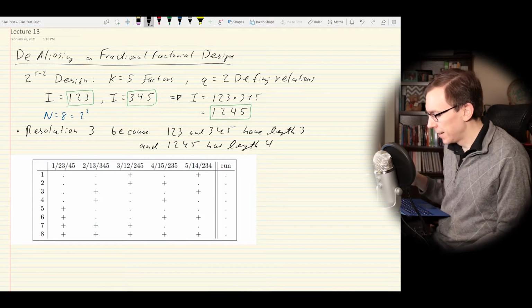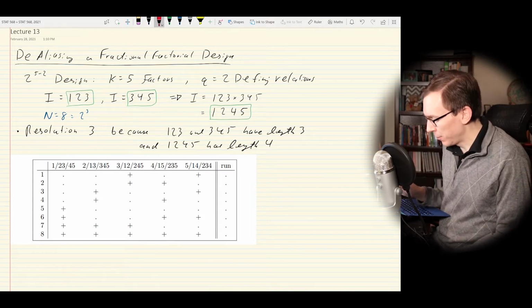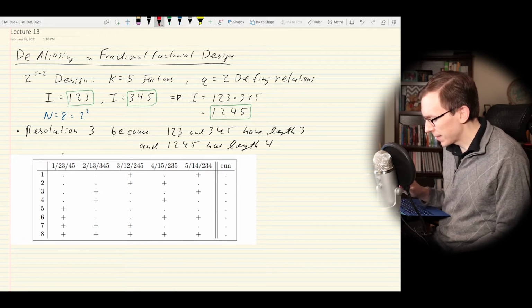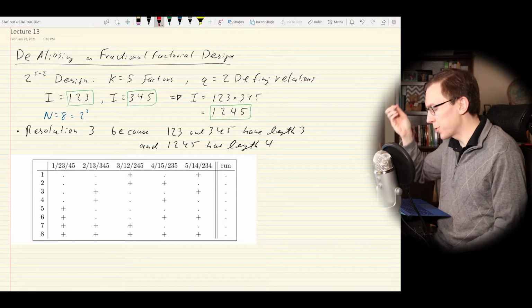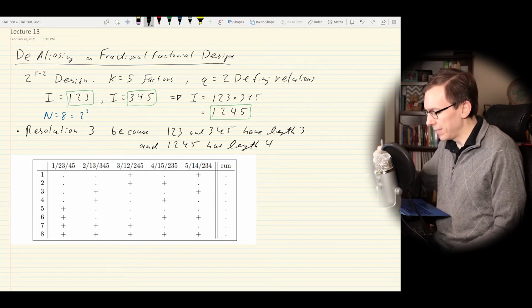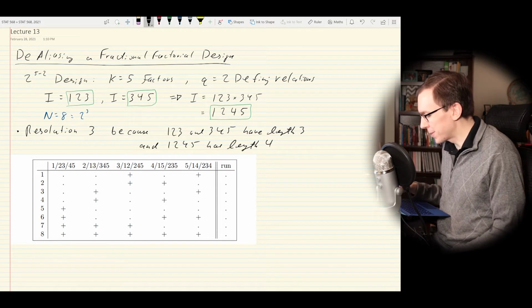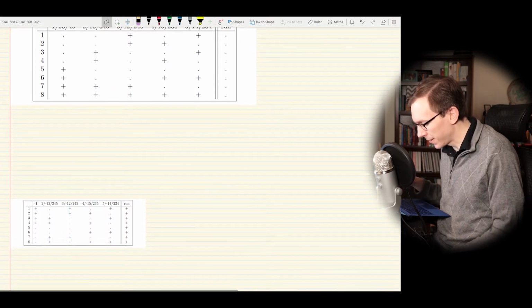Now what we see here is that main effect 1 is aliased with 2, 3, and main effect 2 is aliased with 1, 3, and 3 with 1, 2, and 4 with 1, 5, and 5 with 1, 4. So what that means is that none of the main effects, and I believe also none of the two-way interactions are clear either.